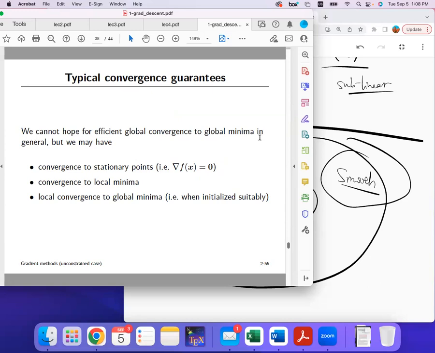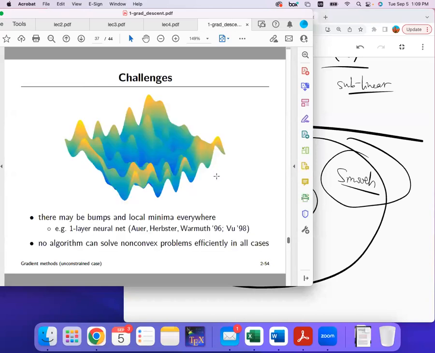We need to reconsider our convergence metric, because there might be many local minimums, and we may end up converging at a local minimum. So we will change our convergence criterion to be the so-called stationary points. We look for points where the gradient is 0. And you can imagine from this figure that both local minimum and global minimum points will have 0 gradient, right?